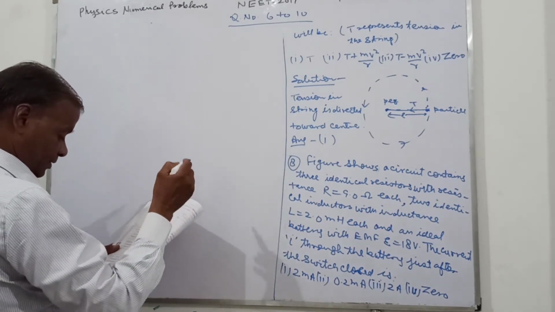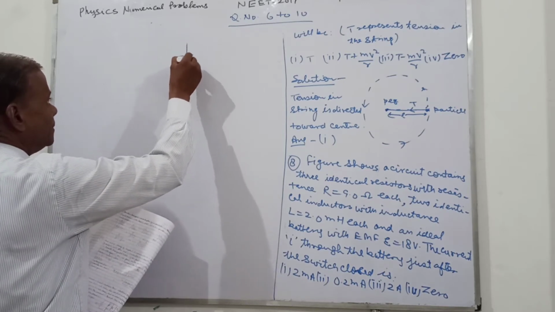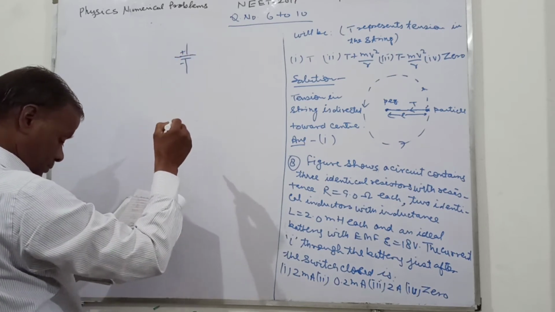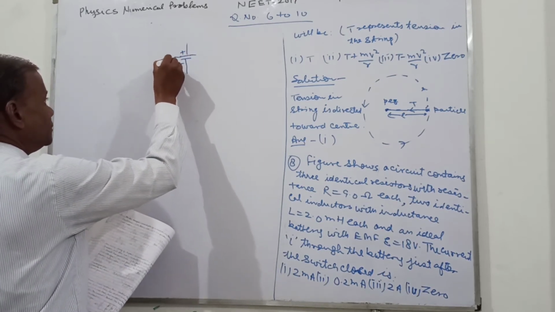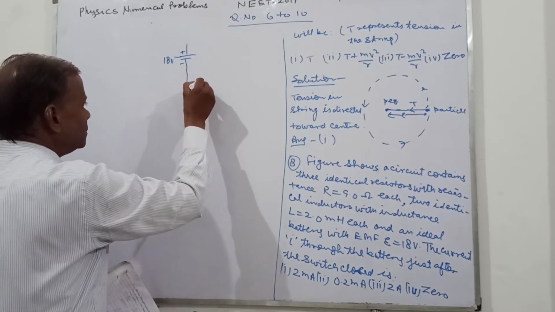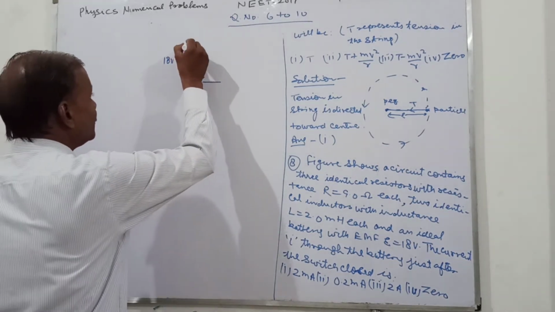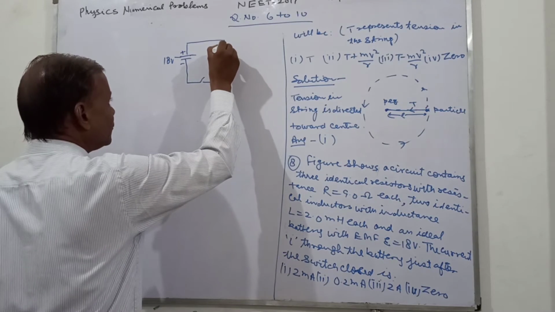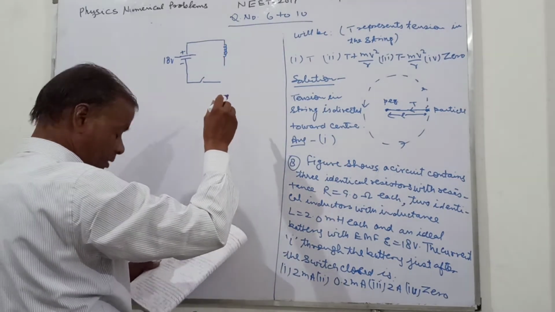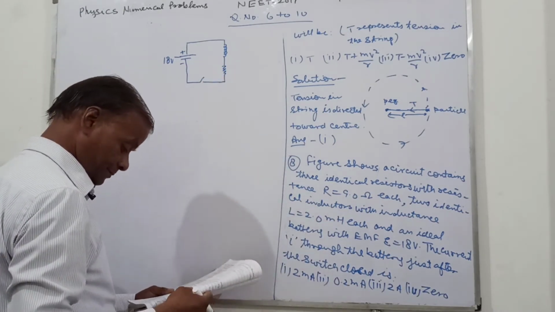Circuit diagram to this one is: this is now 18 volt, this is now switch, inductor, and this is the resistance.